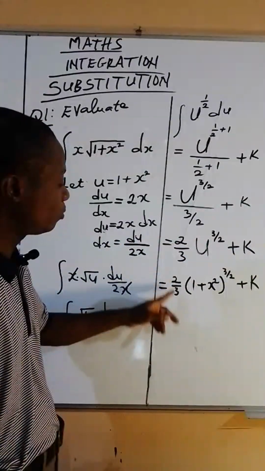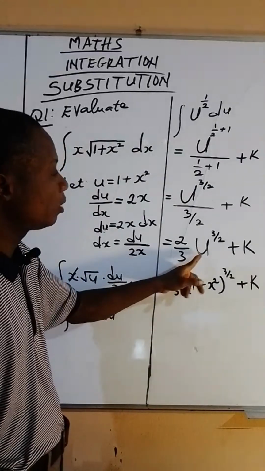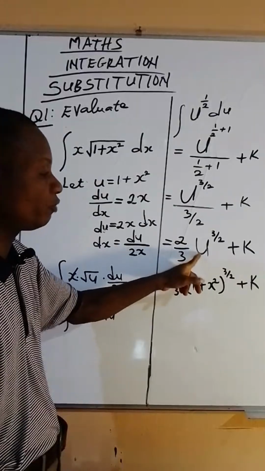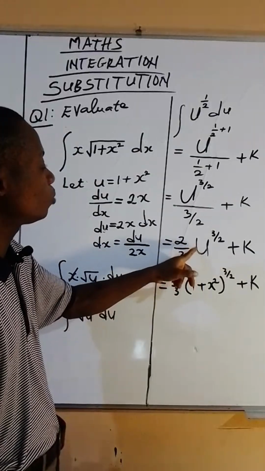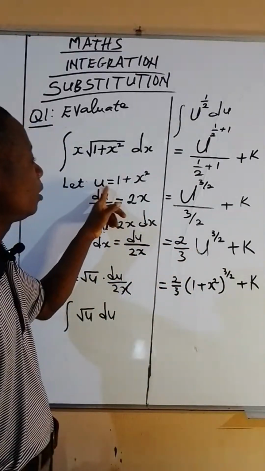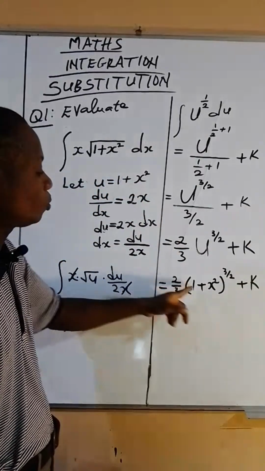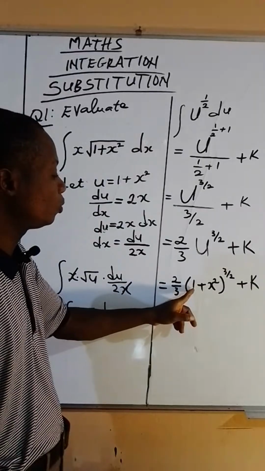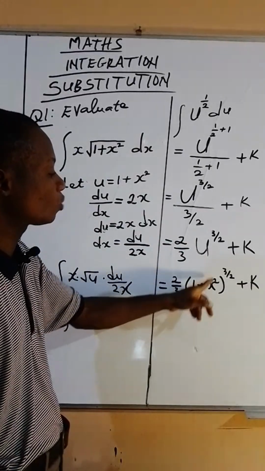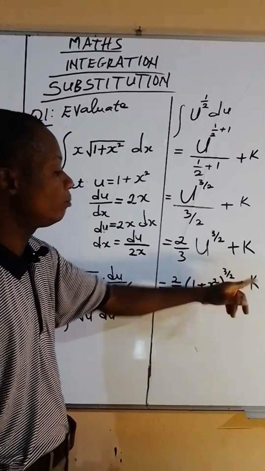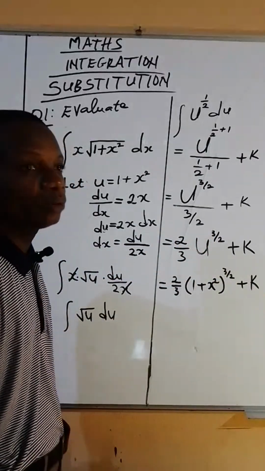We can now substitute for u, because we are not actually looking for values for u. We know u equals 1 plus x squared. So we substitute 1 plus x squared, raised to the power 3 over 2, then plus k. So this is the value for u.